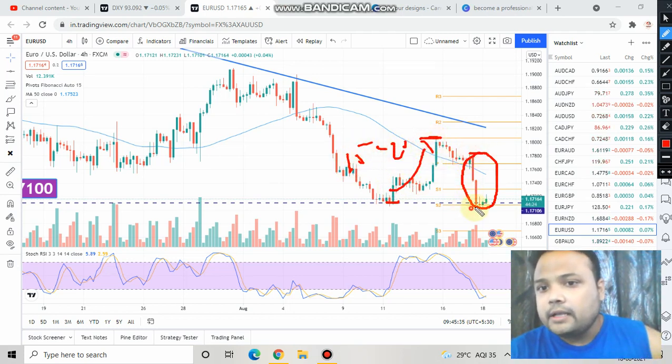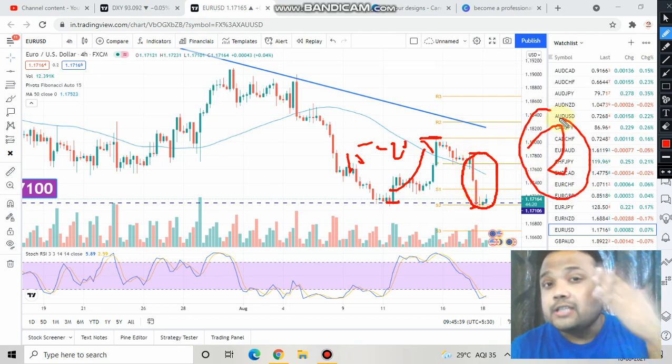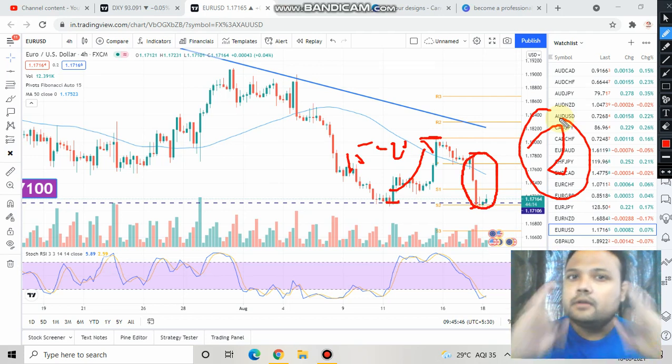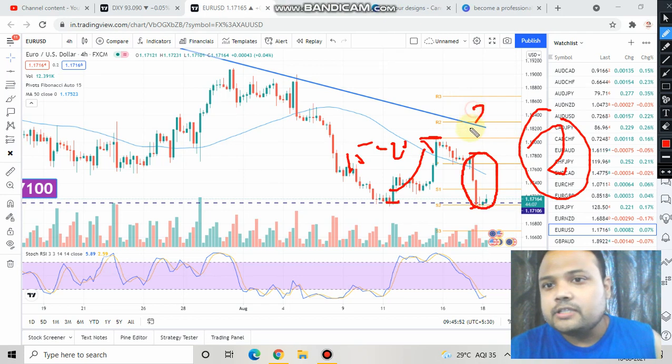But from here till here, market came down in only two candles. So just try to imagine the selling pressure on the market. So if you want to initiate a buy position right now, initiate a very small position. That's it. And still I'll say that this level will be your safest trading opportunity.